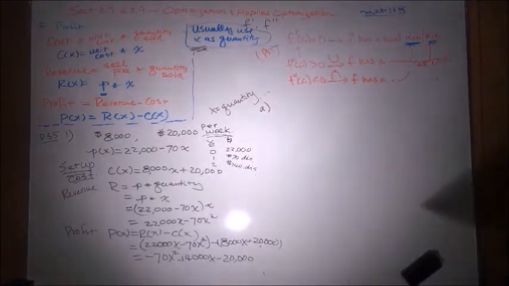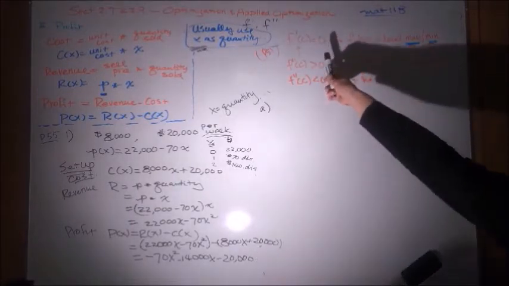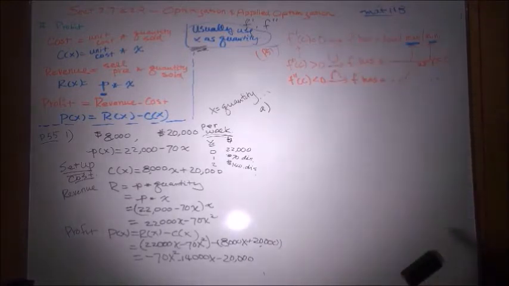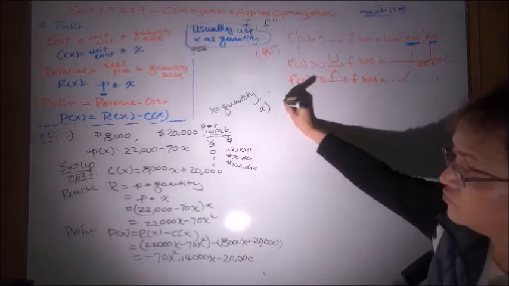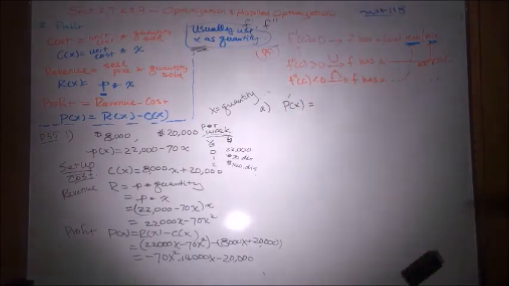So the first one, it says, how many cars should be produced to maximize the profit, right? We use our derivatives concepts to do that. So you do what? P of x, you take a prime, right?